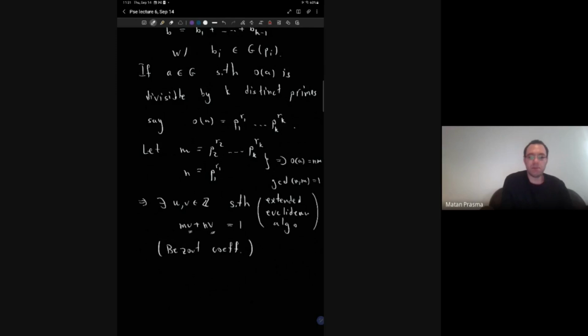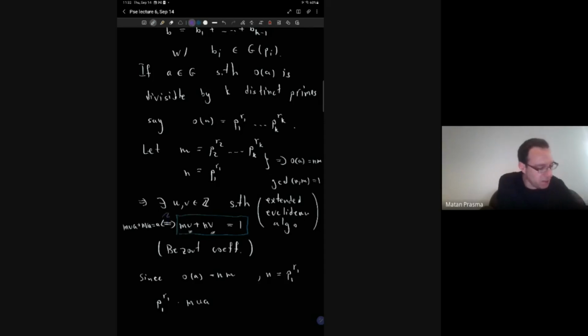Okay, and so if I have these U and V, since the order of A is N times M, and I remind you, N is P1 to the R1, I can multiply this equation by A, and what I get is that MUA plus NVA is equal to A. This equation in blue is an equation of integers.